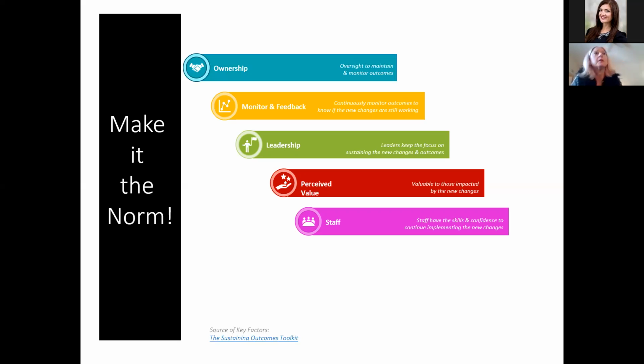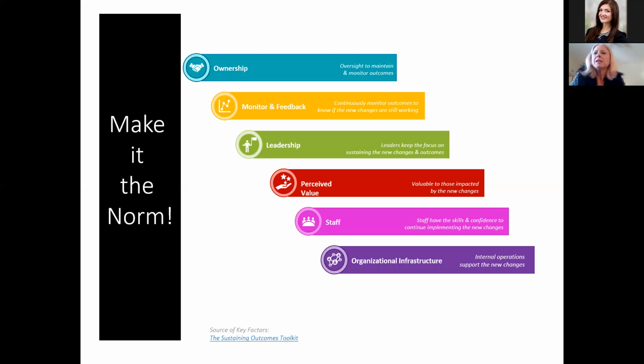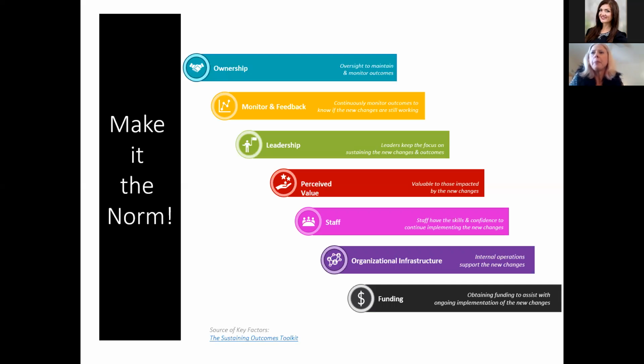So earlier we talked about thinking about competencies, orientation, peer mentoring. Organizational infrastructure. What about our internal operations that support these new changes? And lastly, funding. Sometimes we may need to find funds to ensure that something continues. Maybe it's costs for flyers or testing that has to be done.